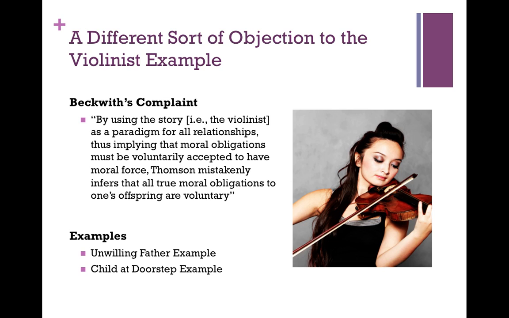One example might be an unwilling father. For instance, imagine a man helps get a woman pregnant, and they voluntarily consent to the sex. A question might arise: does the father have any kind of moral obligation to that child, to help raise that child or provide financial aid, despite the fact that he may not want the child?